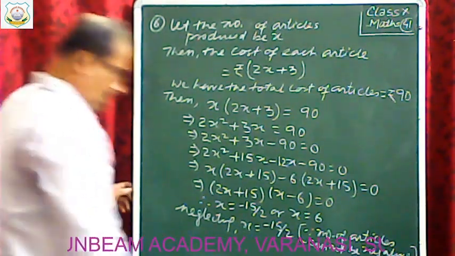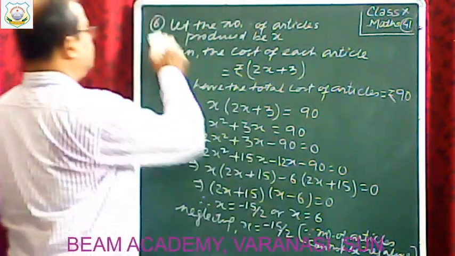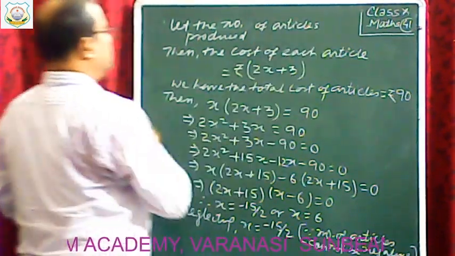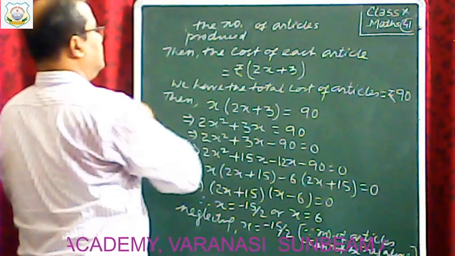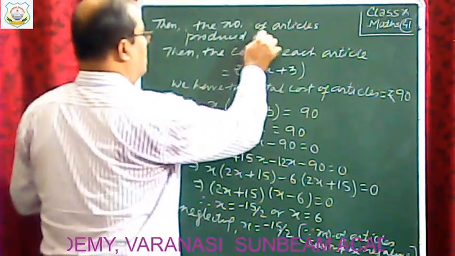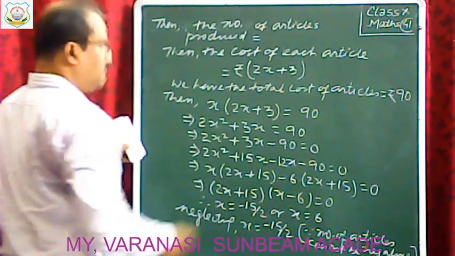Okay? So then the number of articles produced equal to 6.